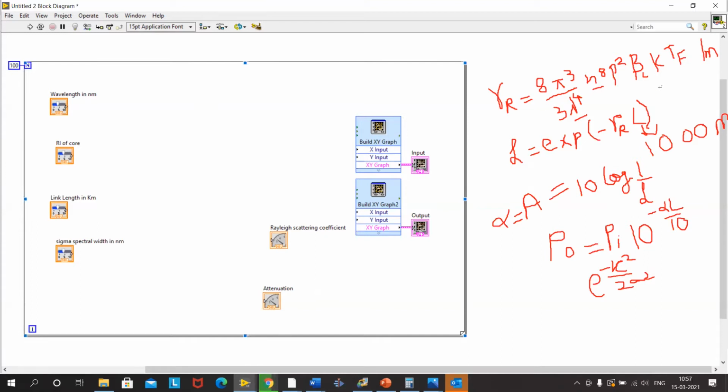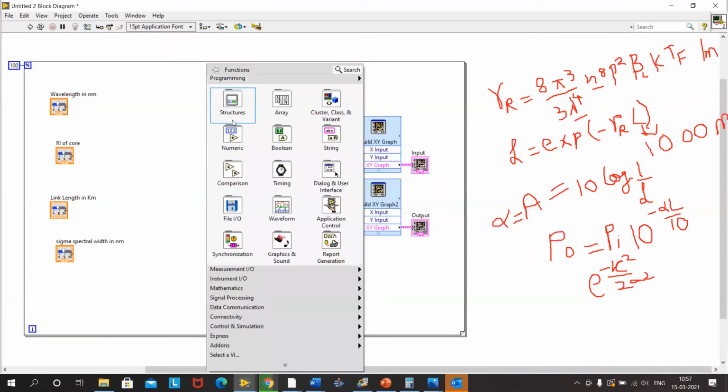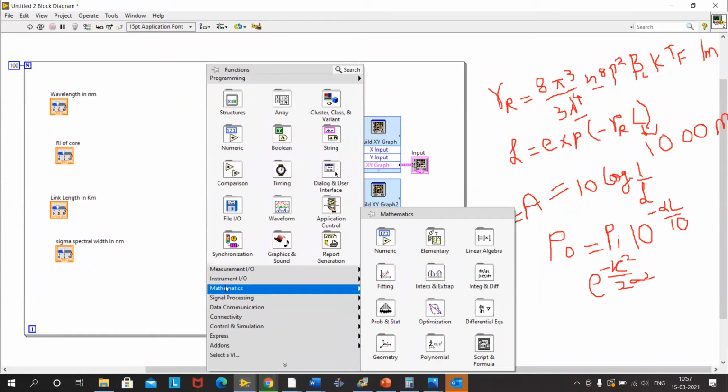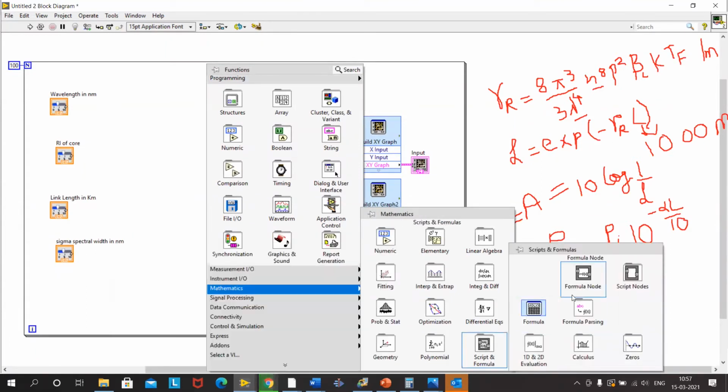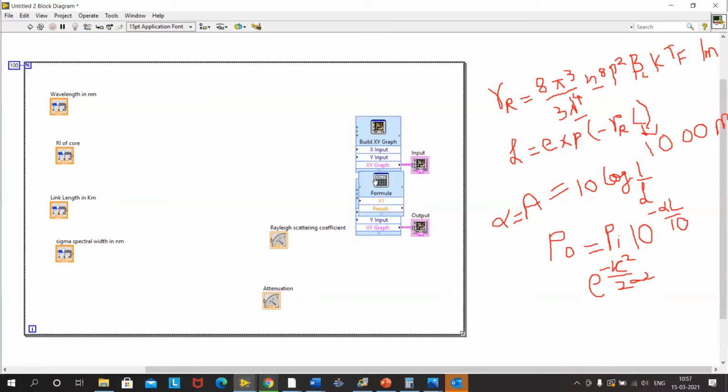As you see, there are a lot of parameters in it. So for doing this calculation, instead of using multiple multipliers, we can use a formula node. For that, just click on mathematics, go to script and formula, and then select this formula.